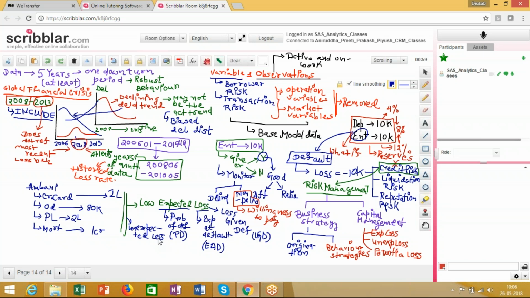And the third that we have over here is the potential loss. Potential losses are losses which have a very rare probability of occurrence, say once in 1,000 years. But if they do occur, they can lead the bank to totally crash, right? So these create huge exposure of losses.